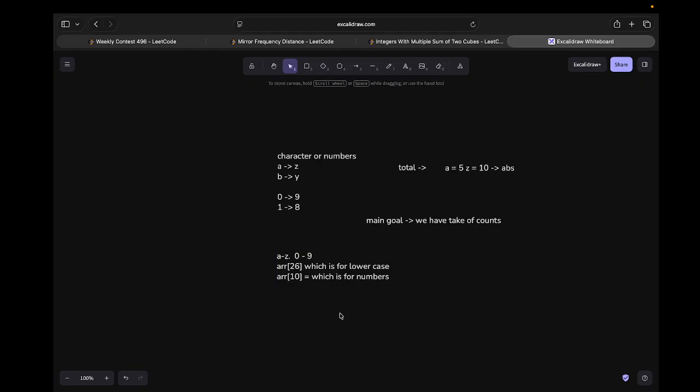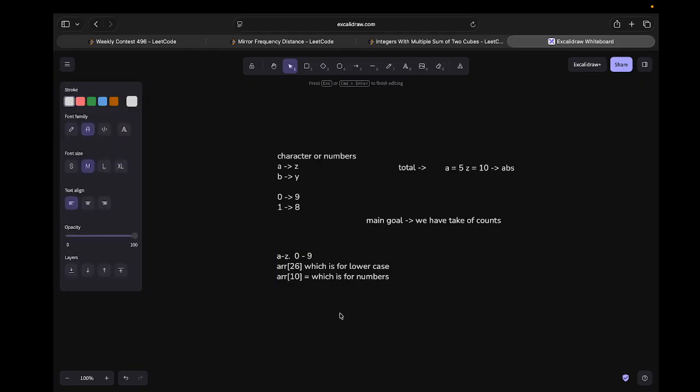And talking about the mirror image, how can we get a mirror image? Let's say your current character is A, and you want to find the mirror character, so you just need to find it from the back. There is a simple math formula: we subtract from the current index.